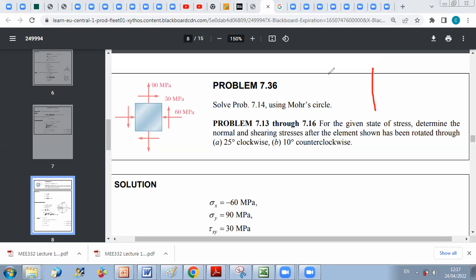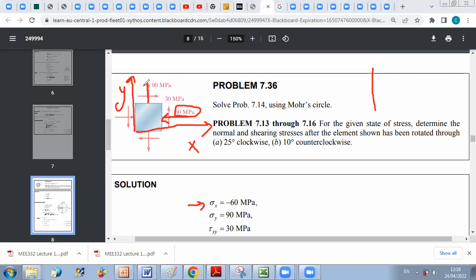So what we will do first, as usual, for this element, we consider the axes. So this is X, this is Y. We can see that along X, you have compression effects of 60 megapascal. This is why you have a negative sigma X. Sigma X is minus 60 megapascal.